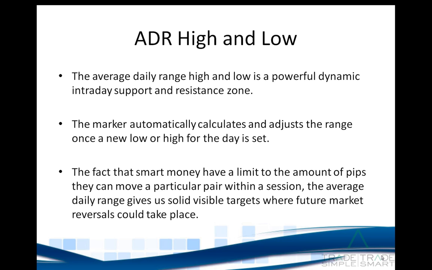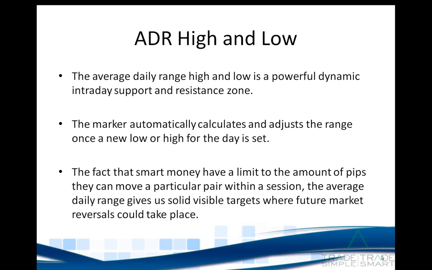Now, the fact that smart money have a limit to the amount of pips that they can move a particular pair, and we learnt this in our first couple of sections, that they have limits imposed on them by the IMF, which only allows them to move a pair a certain amount over a certain period.